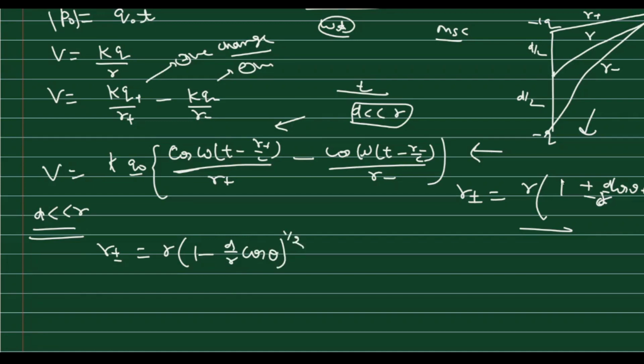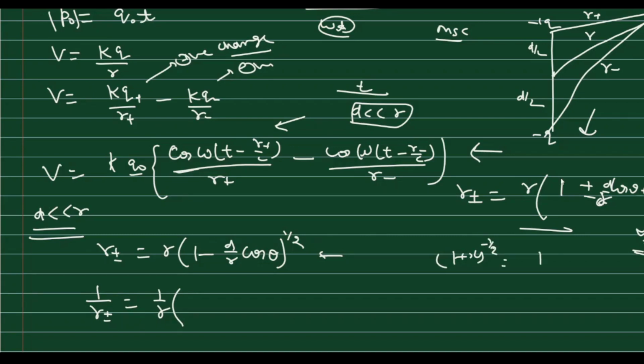Okay, and we are saying when d is less than r, then the d upon 2r term will be 0, basically, so this will come out here. Now 1 upon r plus minus part will become 1 upon r, and this will be to the power minus 1 by 2. So we are like 1 plus x to the power minus 1 by 2. What will be that?